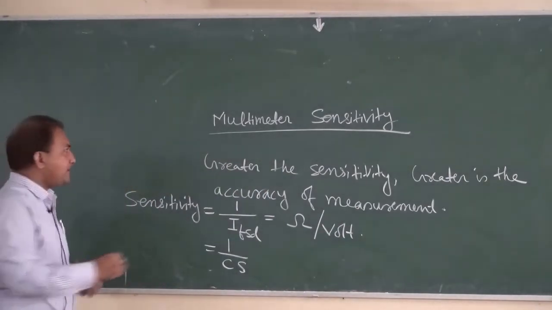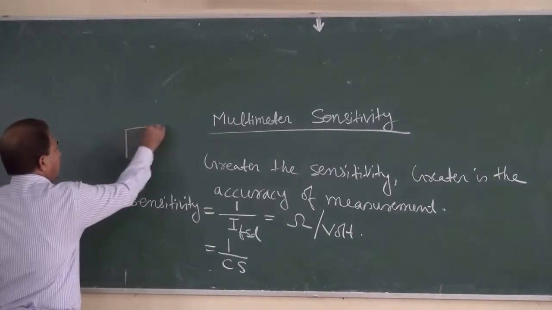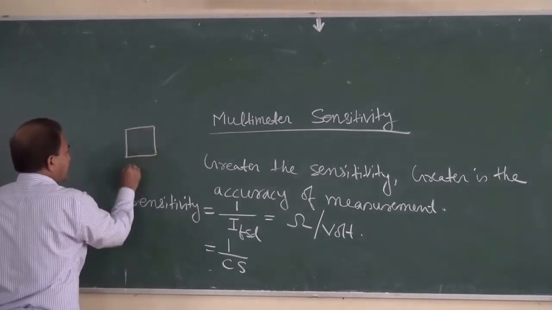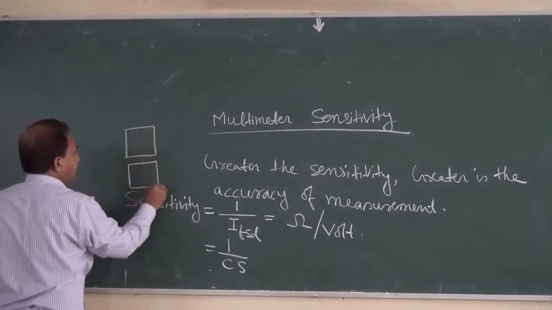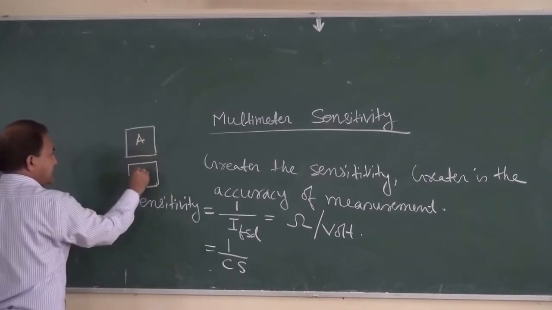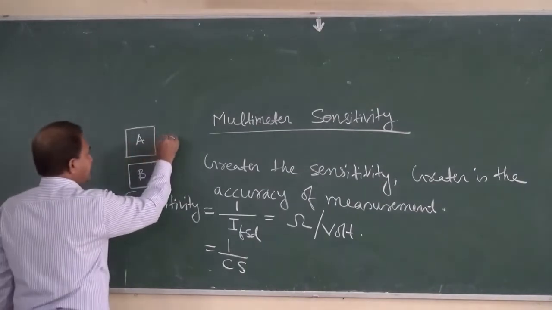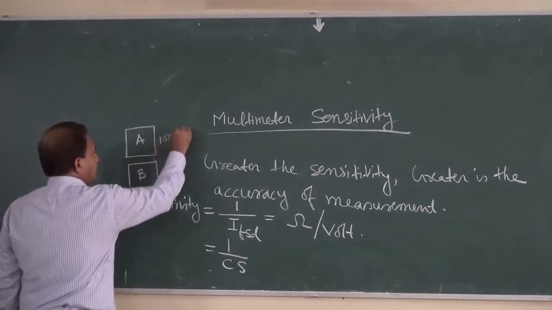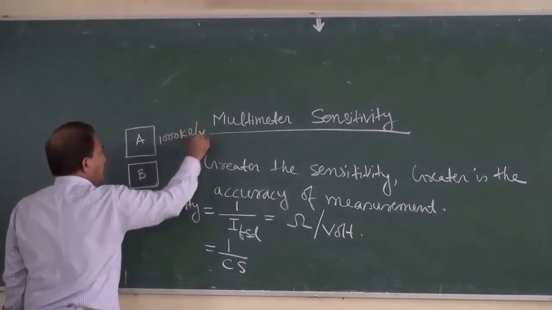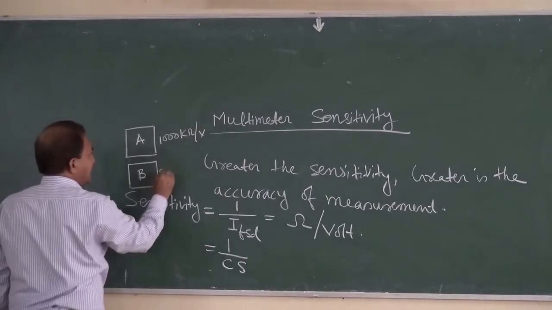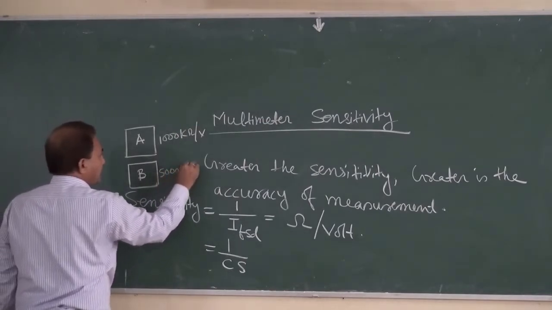Suppose we have two multimeters, A and B. Suppose the sensitivity of A is 1000 kilo ohm per volt and the sensitivity of B is 5000 kilo ohm per volt.